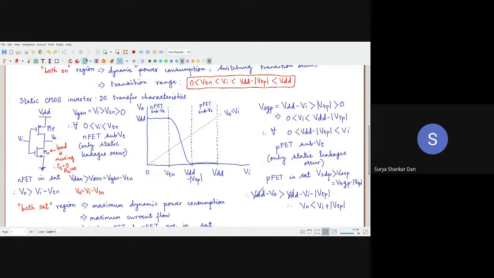What I shall do is I have drawn over here a line which is Vo equal to Vi. This line, as you can see. All I'm going to do is copy paste this one. Now notice that for the Vo equal to Vi minus Vtn line, what is the x-intercept of this line? When Vo is equal to 0, Vi is equal to how much?